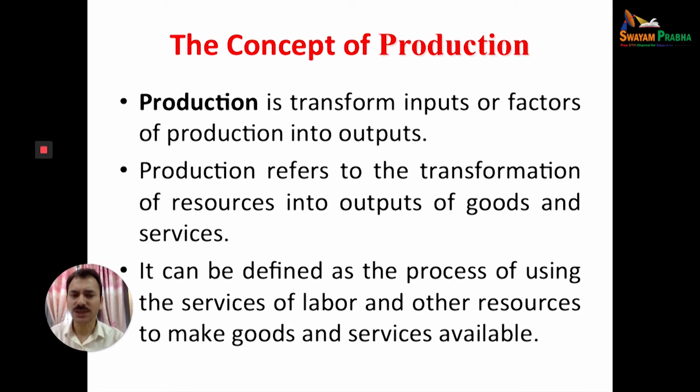And the goods and services produced are known as output. Thus, production is an activity that creates or adds utility or value. That's why production is nothing but the creation of utility.